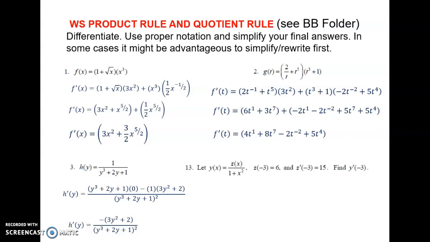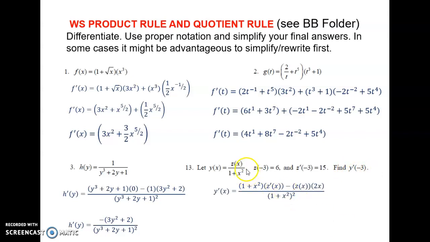And then lastly, I thought I would do number 13, which is the quotient rule, but it has function notation in it here. So it's saying let y of x be z of x, some function, over the function 1 plus x squared. And it's asking you, if you know this information and this function, can you find the derivative of y when x equals negative 3? So what you would do here is use the quotient rule first.